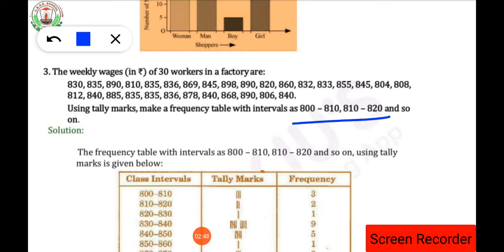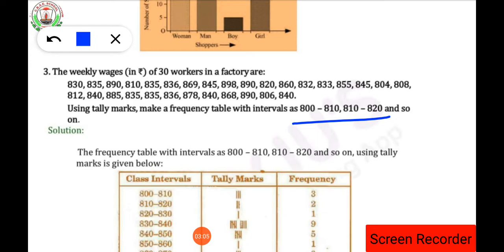Interval already इसमें दिया हुआ है, तुमको बनाने की ज़रूरत नहीं है. इस interval के according ही हमको telemark draw करना है. Have you understood now? So let's see how to do. Here the question says, using telemark make a frequency table with the class interval.